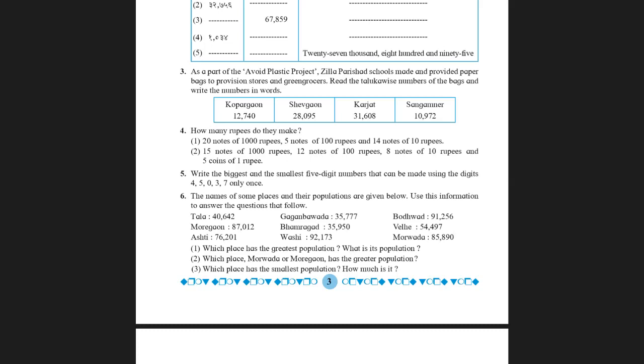Bodwad, 91,256. Velhe, 54,497. And Morwada, 85,890. First question, which place has the greatest population? What is its population? Children, look at all these numbers carefully and you have to find out which is the biggest number of all these.